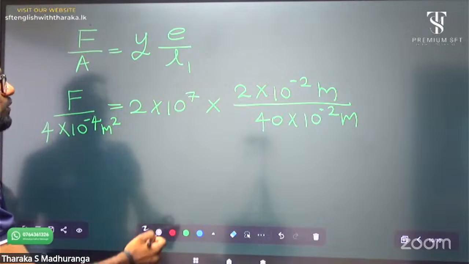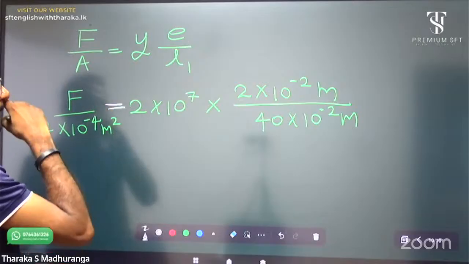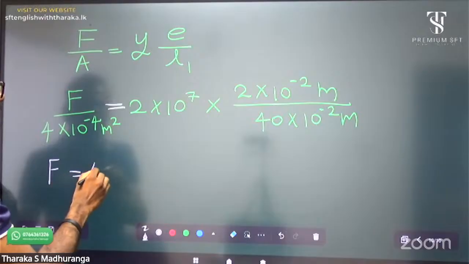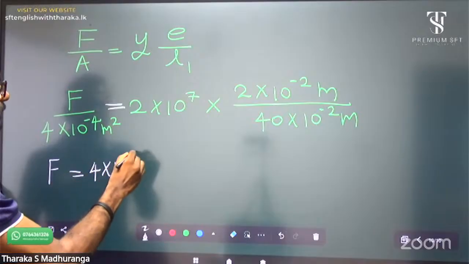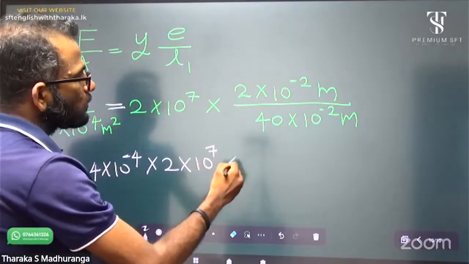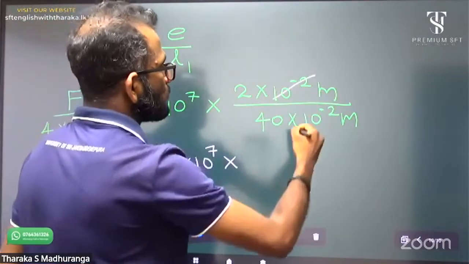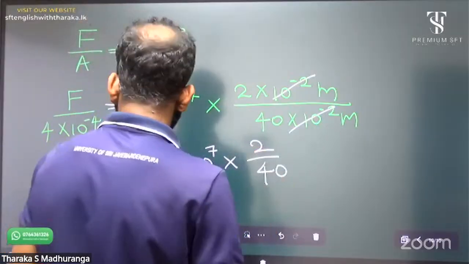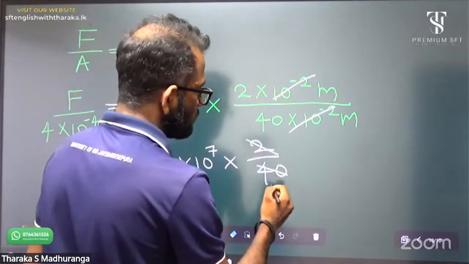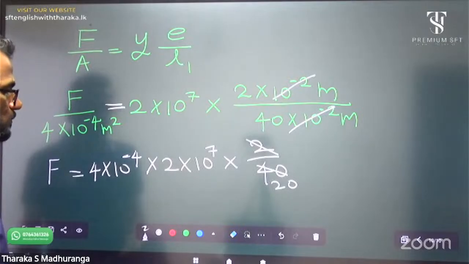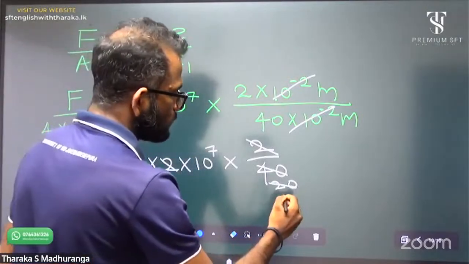Now cross multiplication to isolate F. F equals 4 into 10 to the power minus 4 into 2 into 10 to the power plus 7 into 2 over 40. It is 20. 20 to 2 cancel, it is 10.